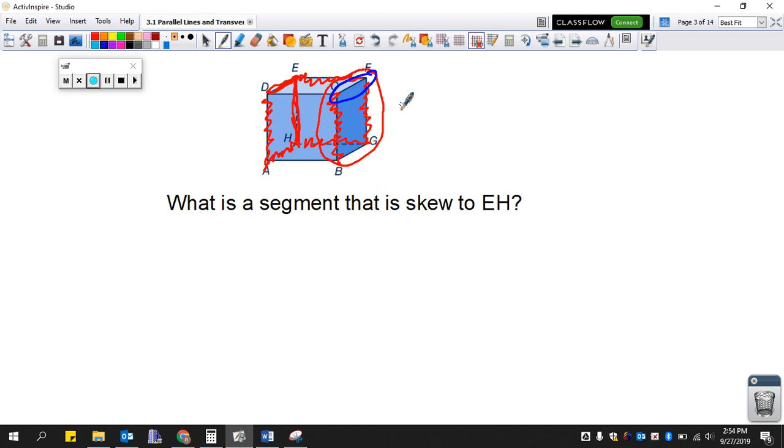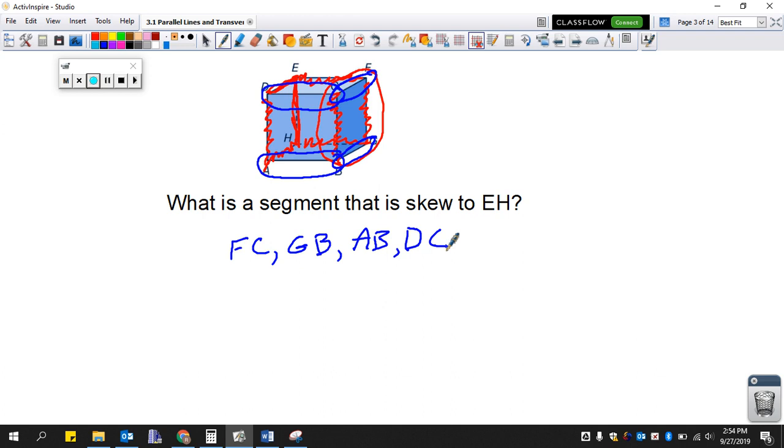So that leaves us with this line right here, which is FC. Also this line down here, GB or BG, and then the bottom here, AB, and DC up here on top.